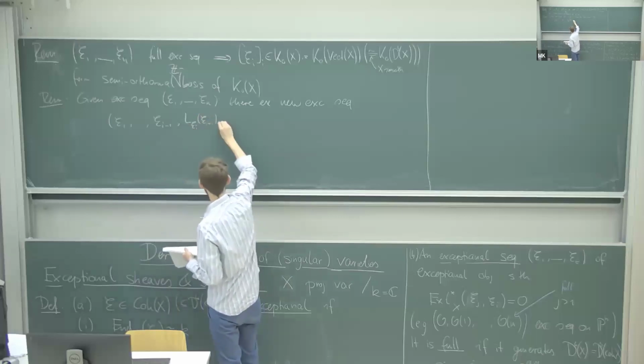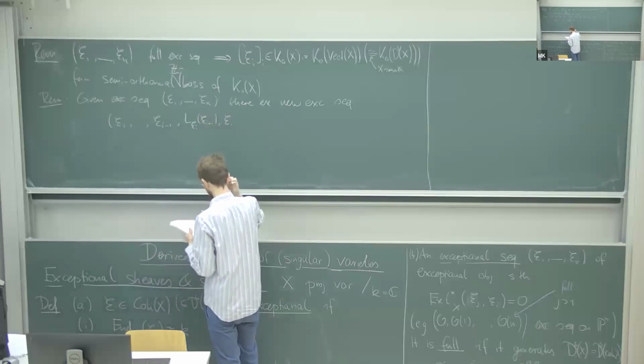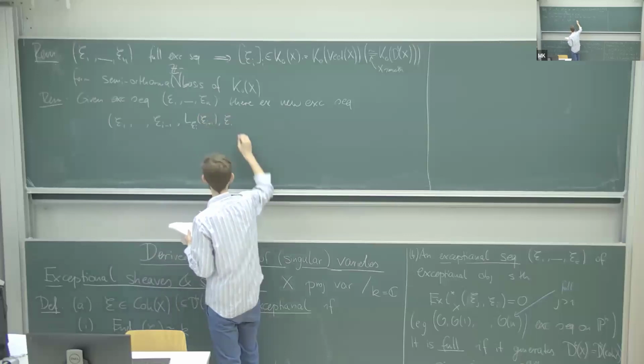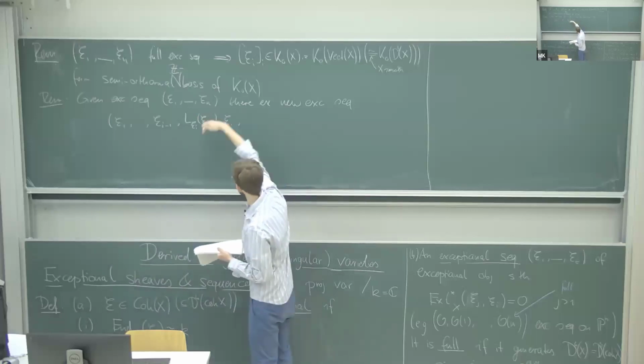This is what this L stands for. Here we would have Ei. Now, usually we would have Ei plus 1, but this was moved here before Ei.